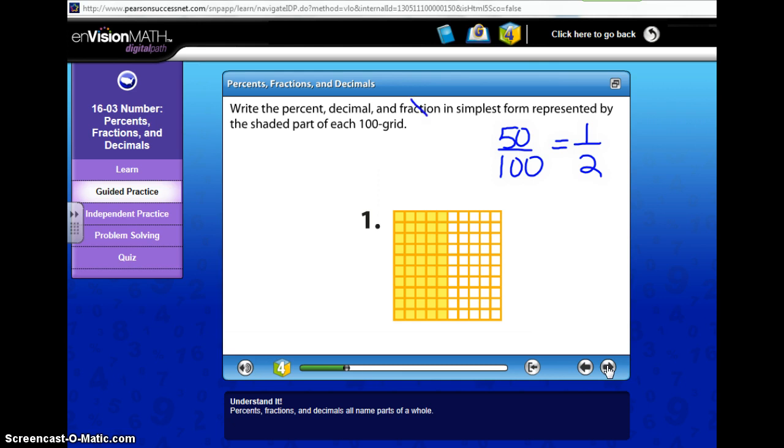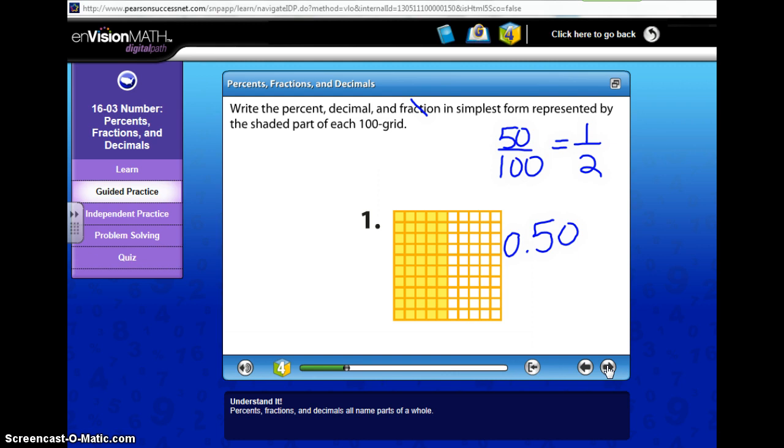Now, can we write this as a decimal? Sure. How do we do that, Cole? Well, we divide by... We're just going to write it as a decimal. So we could. 0.50. Okay, you're right. We could put this in our calculator, 50 divided by 100, or 1 divided by 2.